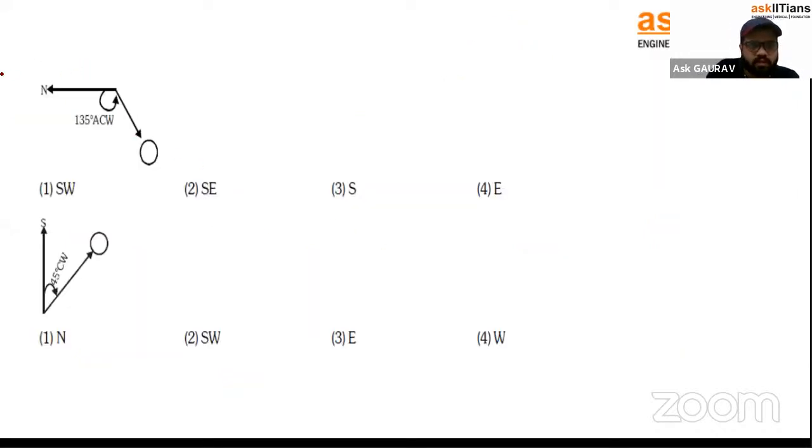Okay, let's say this is question 7 and this is question 8. In question 7, only this is given. ECW means anti-clockwise. Solve question number 7.